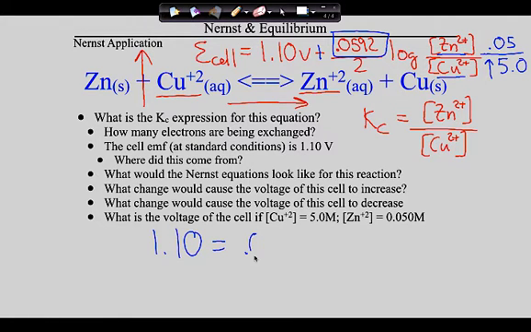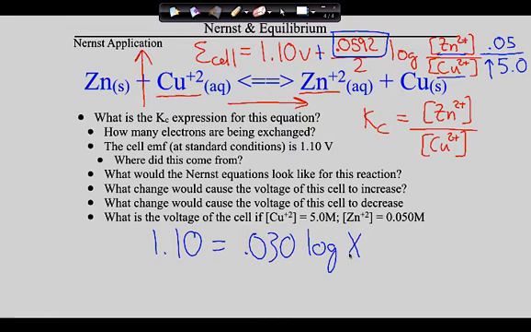Here, I'm just going to make that so 0.0592 divided by 2 is 0.03, times the log of x. So 1.1 divided by 0.03, and then the inverse log of that. No, because you subtract it, right? So it's a minus on the right. Whoa. I'm getting 4.6 times 10 to the 36th.